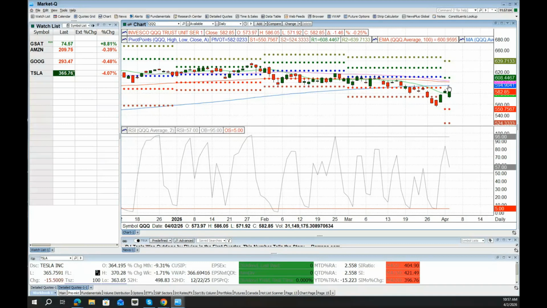So in this situation, I'm looking for price to break down below 581.75 as a trigger to enter short. But if it goes down and then comes right back up, that's where my stop comes in.